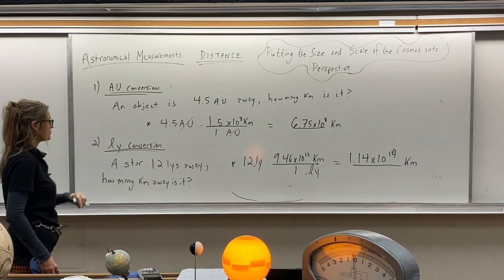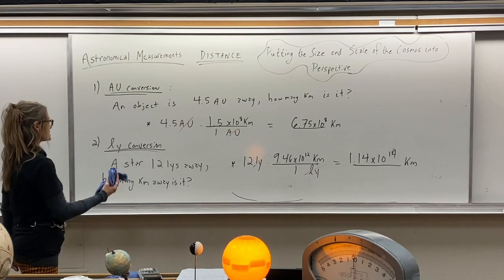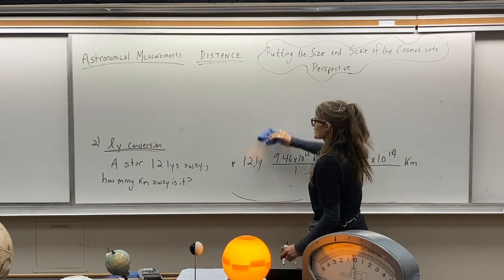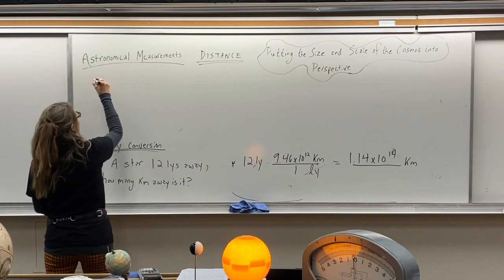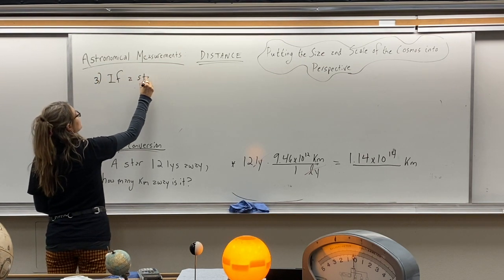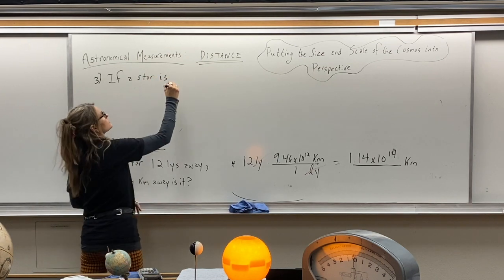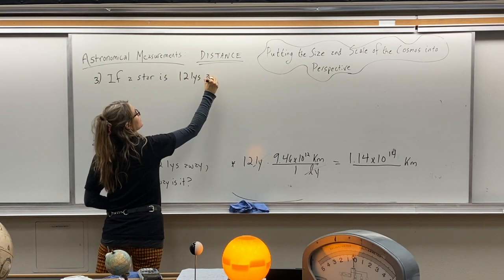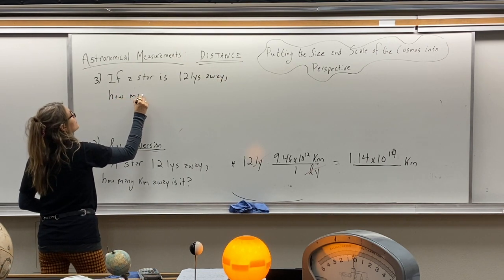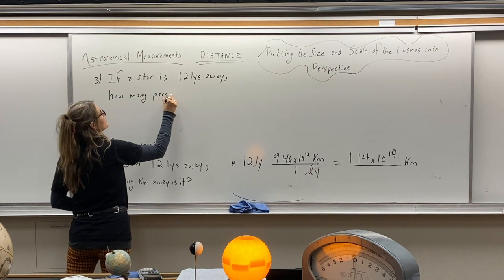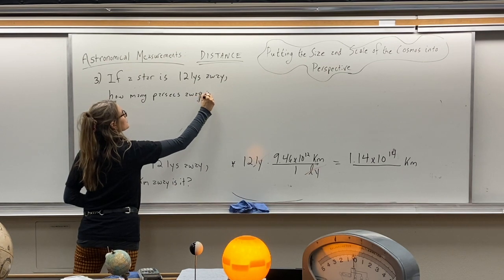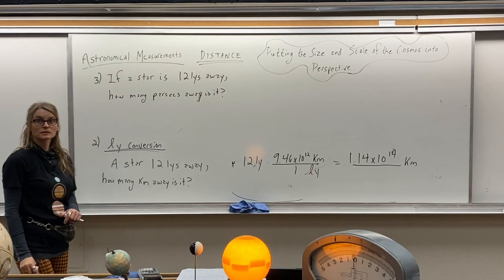And we could do the same thing for the star. We could convert this to parsecs. Let's say the star that we know is 12 light years away. How many parsecs away is it?